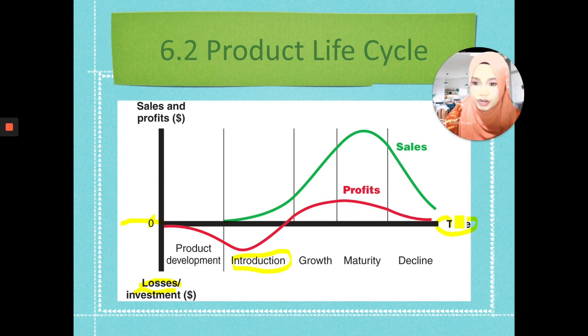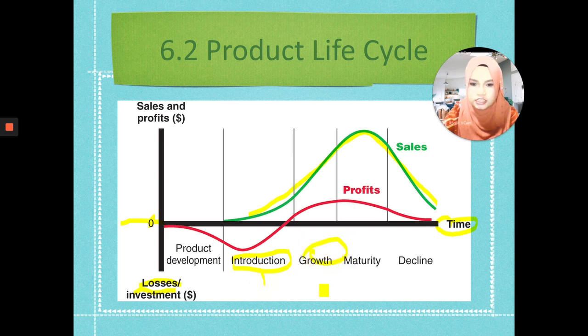But for a product life cycle, you can't actually tell the time here because it all depends on the movements of this particular curve, which is the sales curve. And of course from sales, you know what will be your profit. So the first stage is the introduction.